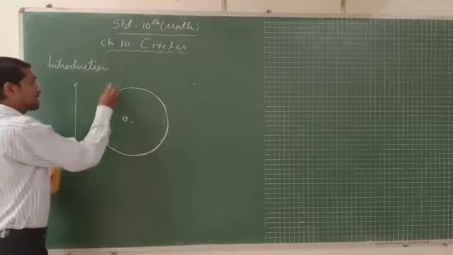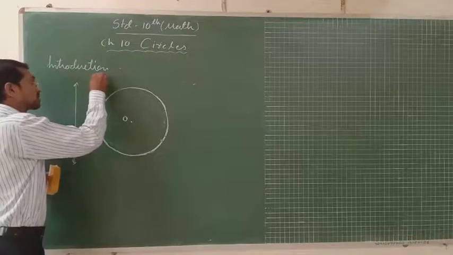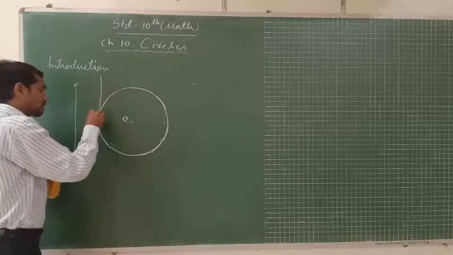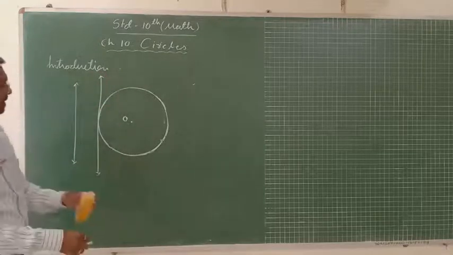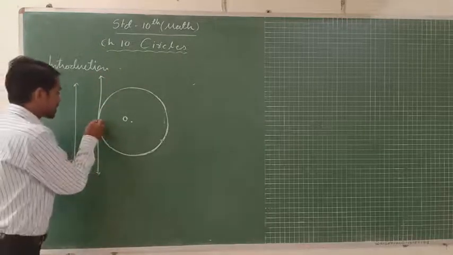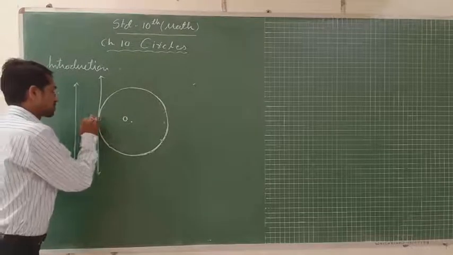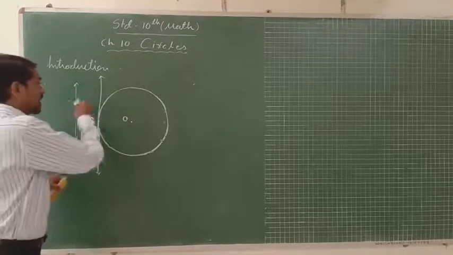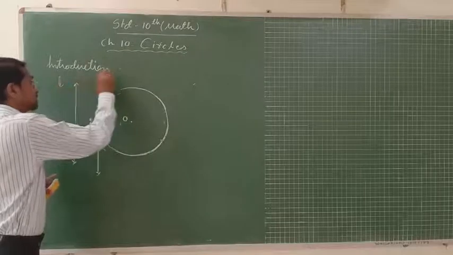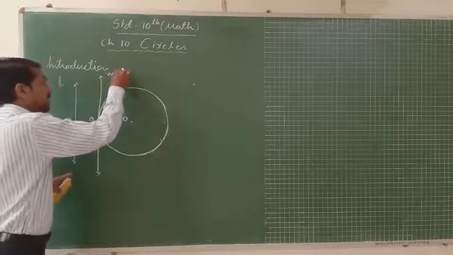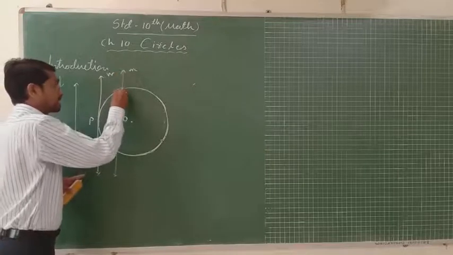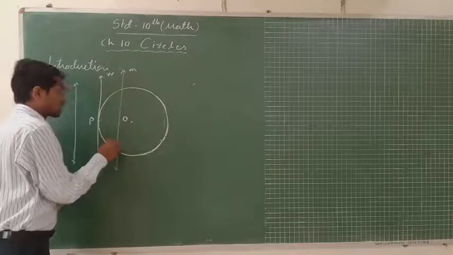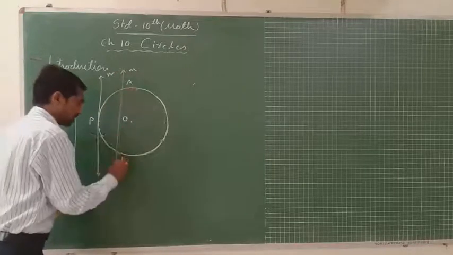If this line goes like this, it touches the circle at one point, suppose P. It only touches. Another line, line M, passes like this and intersects the circle at two points A and B.